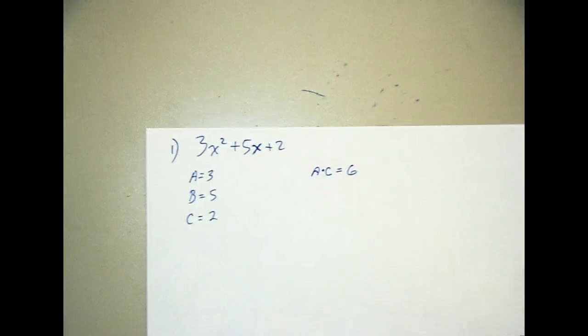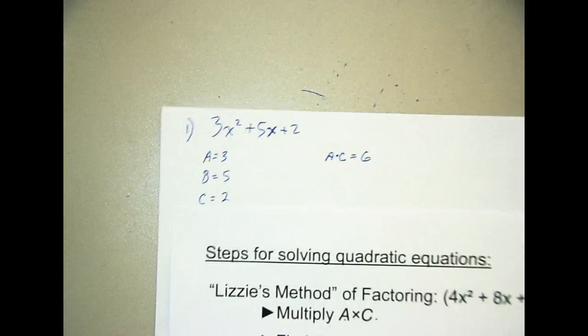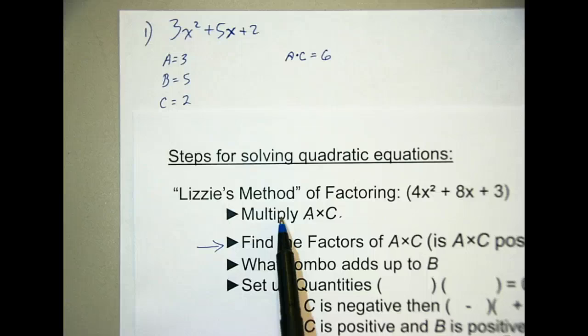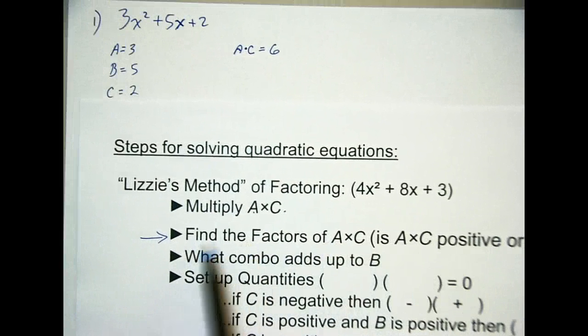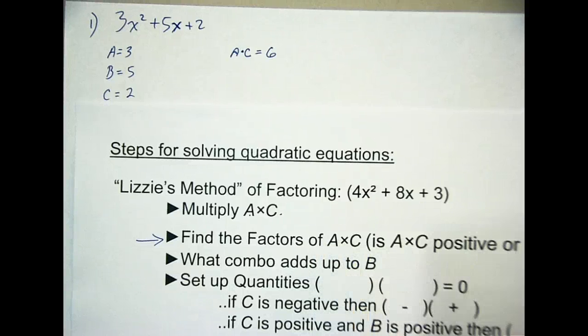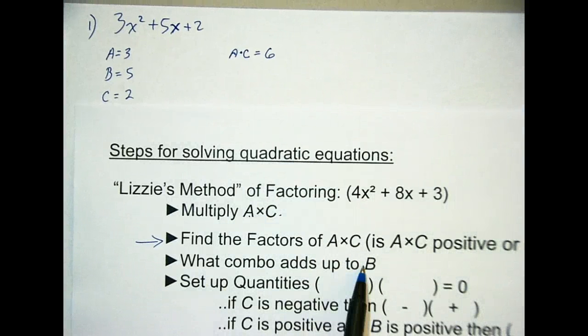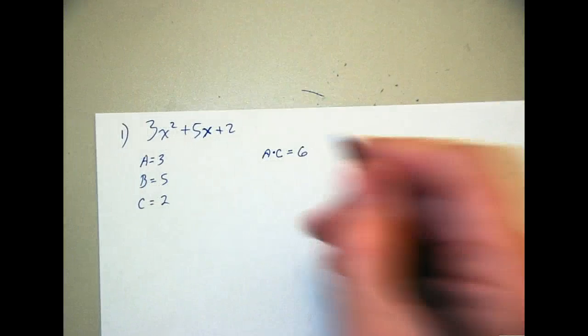Now I'm following my steps here. After we multiply a times c, find factors of a times c that will add up to b. As I'm finding the factors, I list them just right below it.